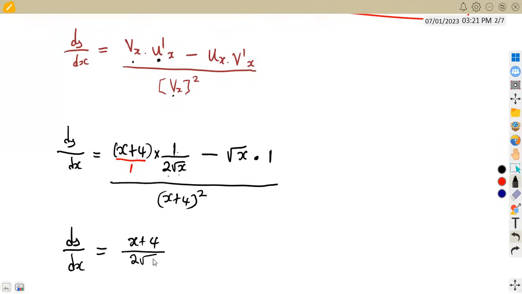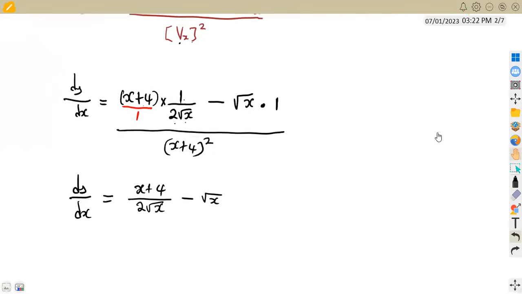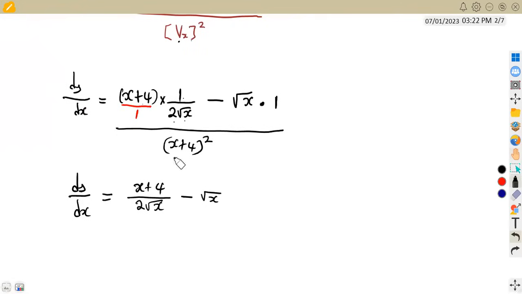Then here we multiply the square root of x and 1, so this will be negative square root of x. Everything over our denominator here, which is x plus 4 squared.